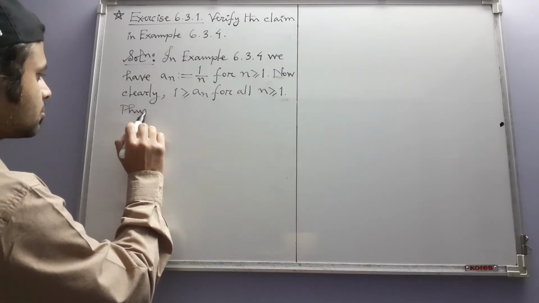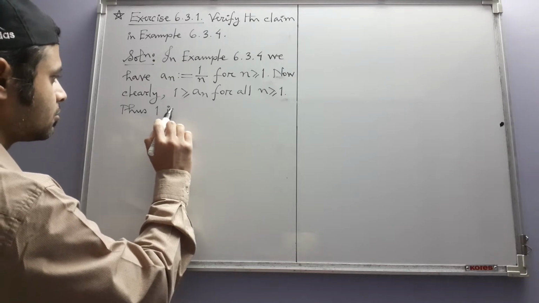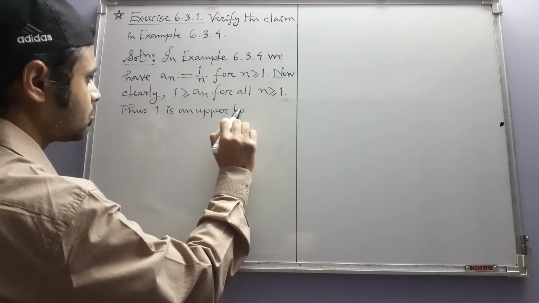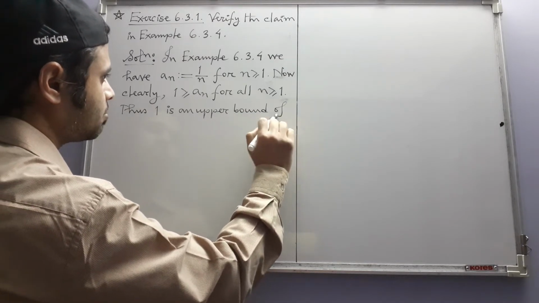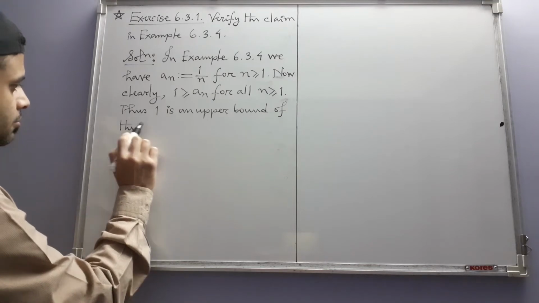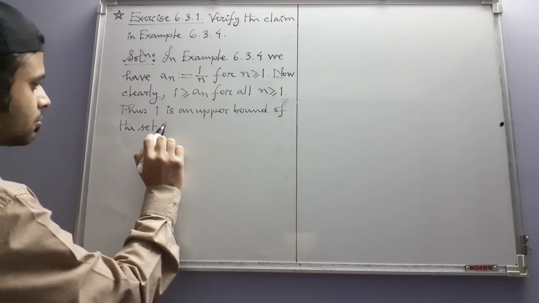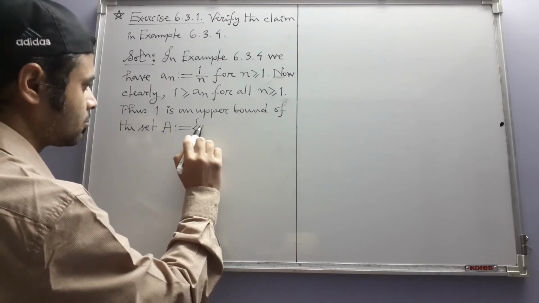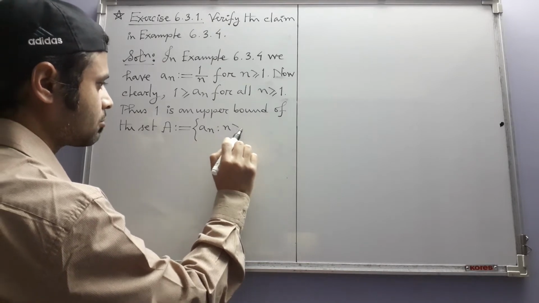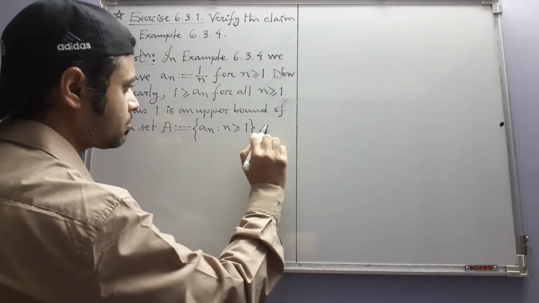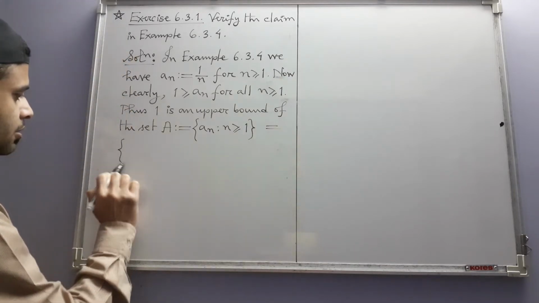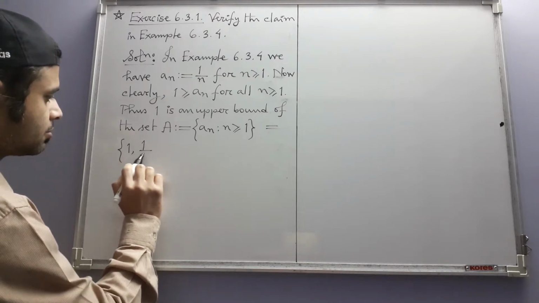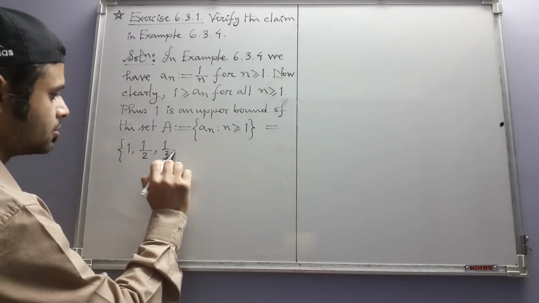Thus, 1 is an upper bound of the set A, which, if you want to see the elements, we can also write the set in roster form like this.